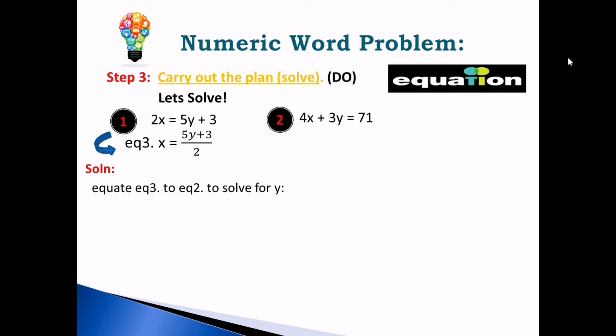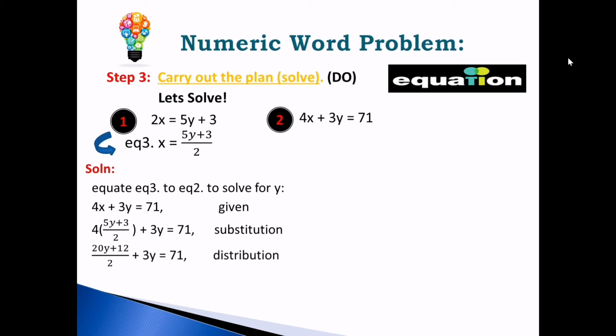So we bring down equation 2 as part of the given. Then let us substitute the value of x from equation 3 for x in the given. That is by substitution. Right after that, we distribute 4 on the terms inside the parentheses. We call it distribution.